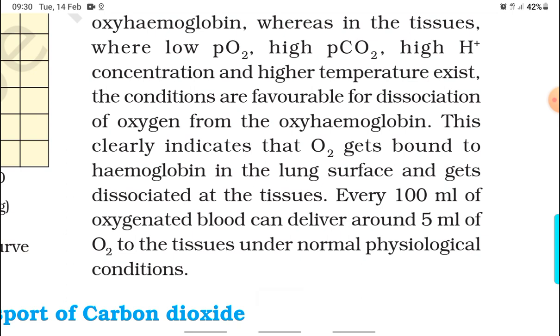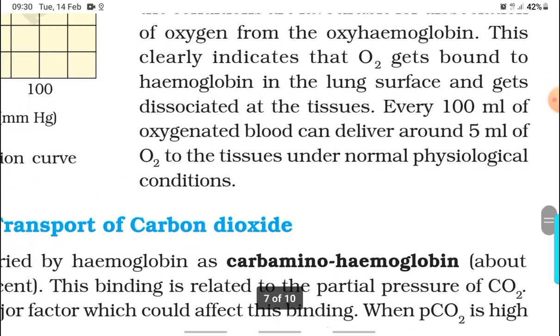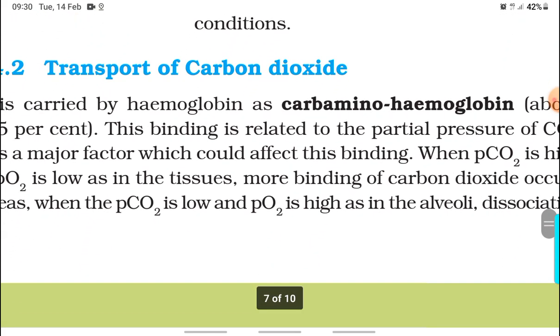This clearly indicates that oxygen gets bound to hemoglobin in the lung surface and gets dissociated at the tissues. Every 100 ml of oxygenated blood can deliver around 5 ml of oxygen to the tissues under normal physiological conditions.